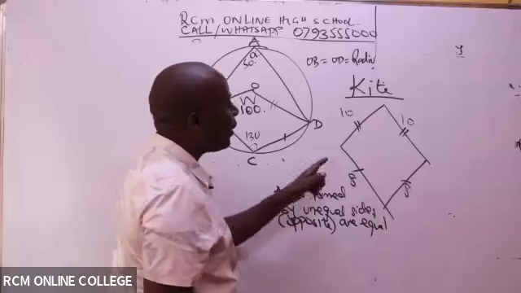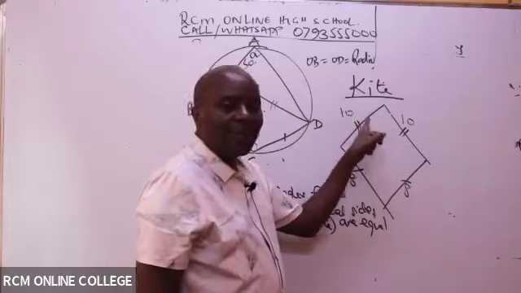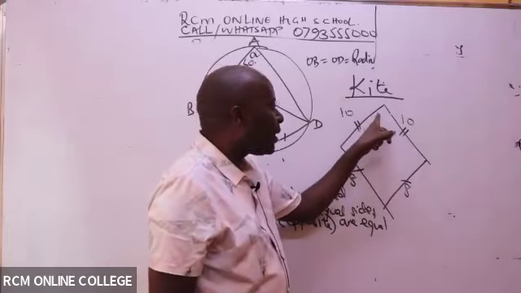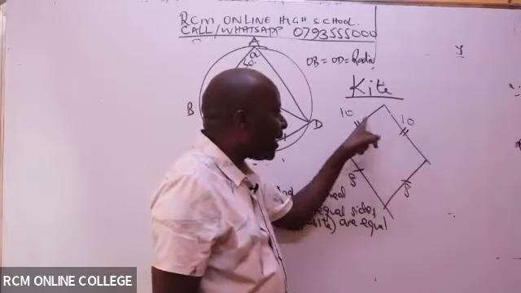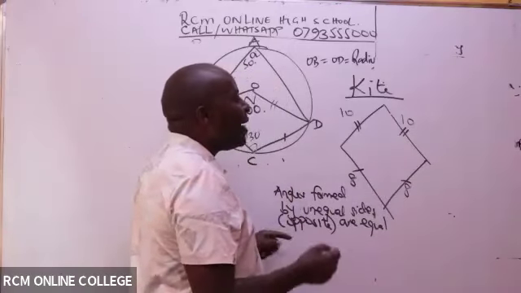This is an angle formed by the same size sides, and this is an angle formed by the same size. The same case here. But we're talking of angles formed by an equal side.